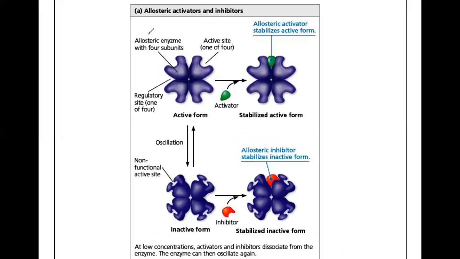Let's say you are going to do a work, your mind says do, again your mind says don't do, again do, again don't do. We used to say the mind is oscillating. Understood? Yes, sir. So this enzyme is oscillating between how many forms?